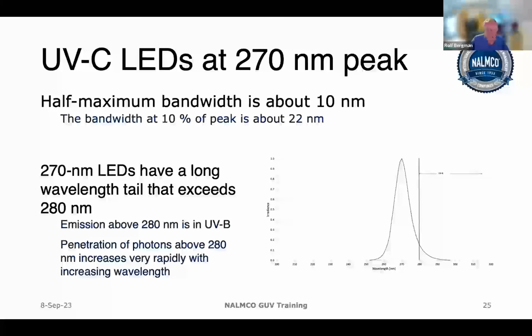So care needs to be taken. What should not be done is direct application on people where people are present, so that the emission enshrouds them, so to speak. The peak wavelength, I would think, would need to be at 260 or lower.